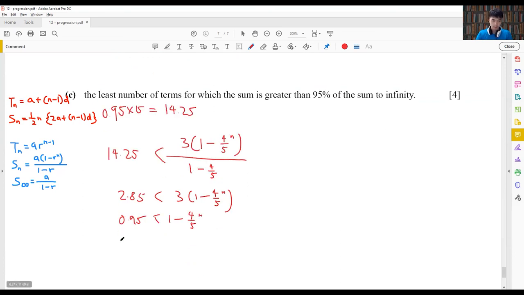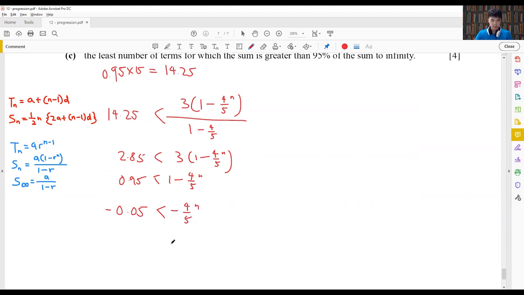Bring 1 over, negative 0.05 is less than negative 4 over 5 to the power of n. And lastly, log both sides of the equation, or you can just change them into their positive values first. 4 over 5 to the power of n is greater than 0.05.